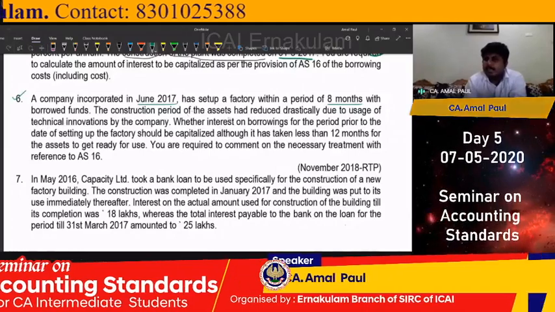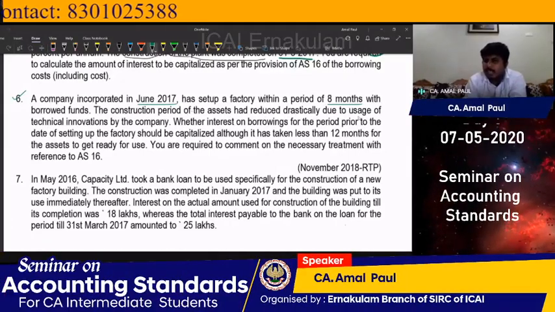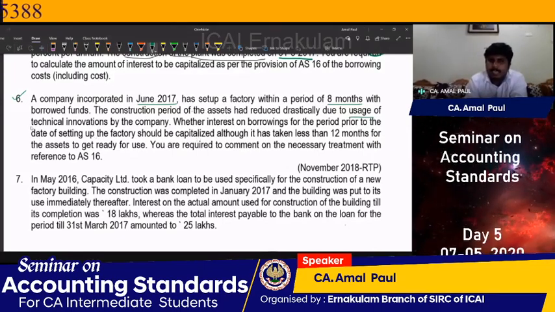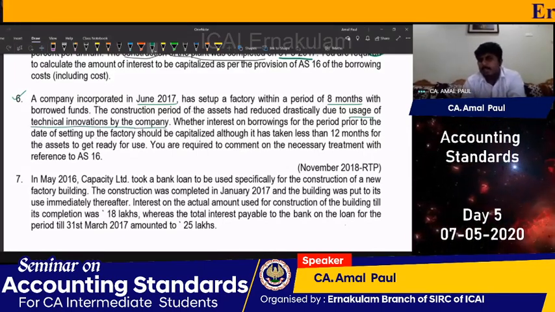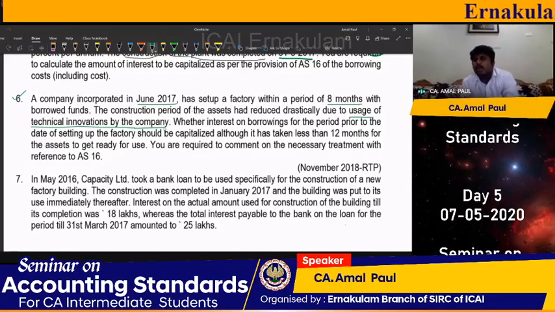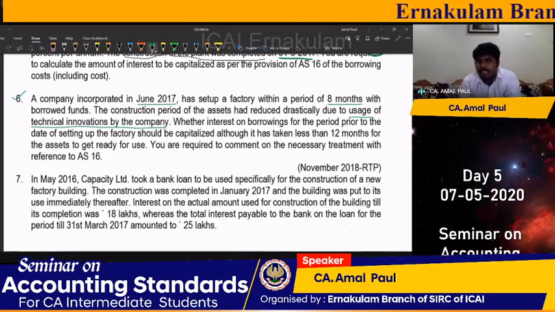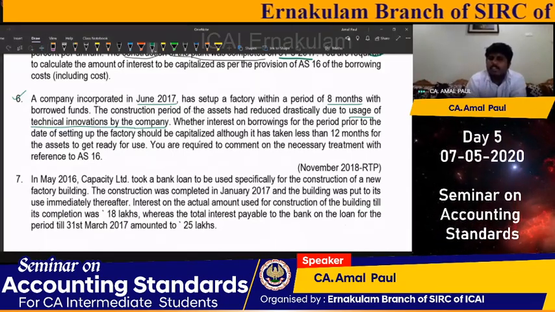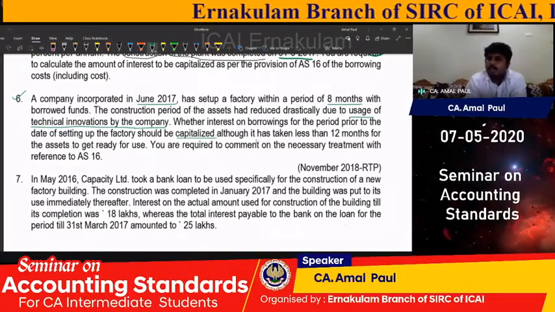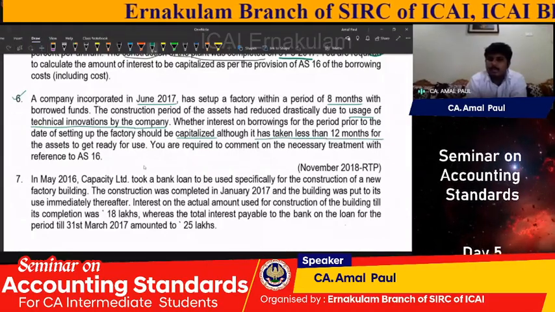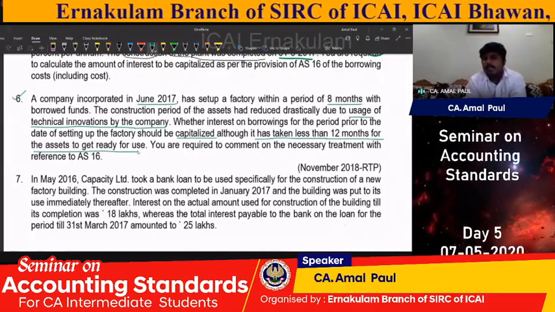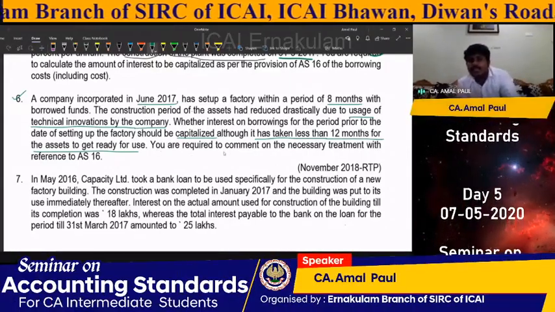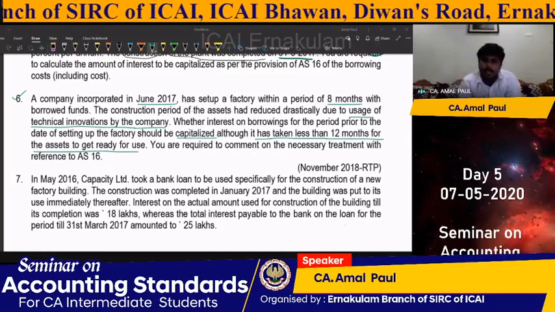The construction period of asset has drastically reduced due to usage of technical innovation by the company. Whether interest on borrowing for a period prior to the date of setting up a factory should be capitalized, although it has taken less than 12 months for the asset to get ready for its use. You are required to comment on the necessary treatment with reference to AS16.